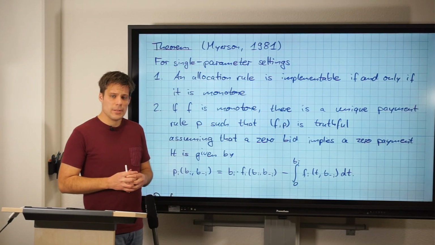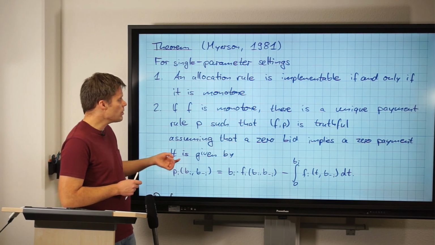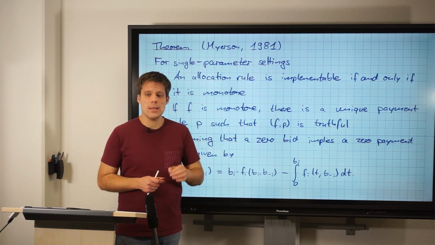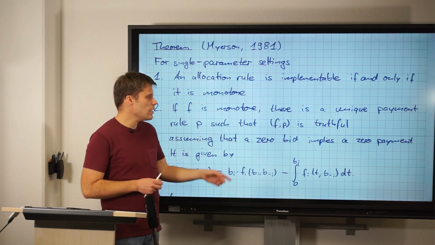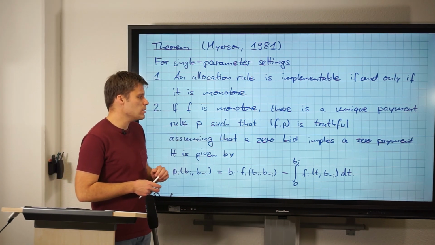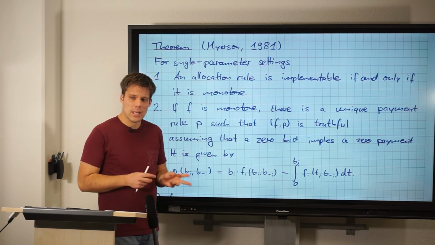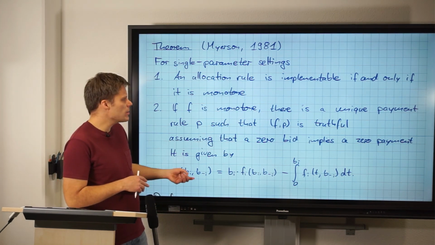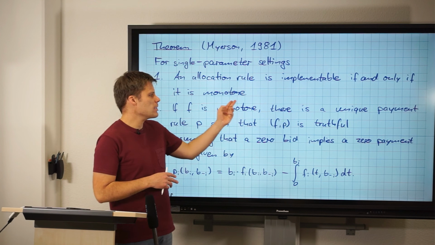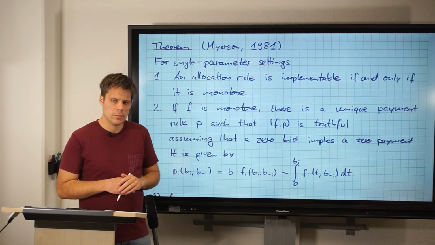Great, so this way we have now shown Myerson's lemma. What did we show? We showed that an allocation rule is implementable if and only if it is monotone. And we also showed that if it is monotone, then there have to be unique payment rules such that it becomes truthful. Once again, when did we show what? The first thing that we showed was an allocation rule has to be monotone for it to be implementable.